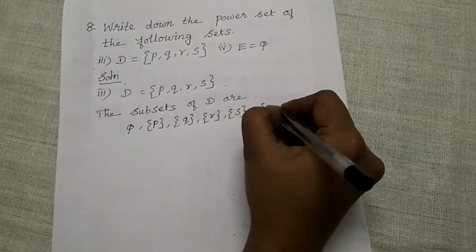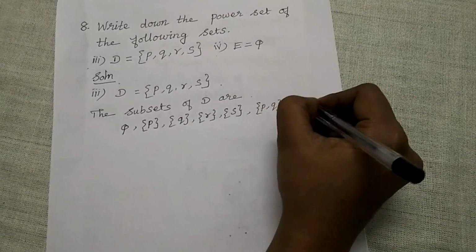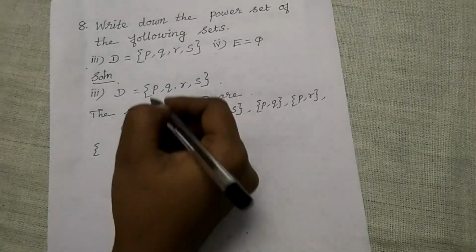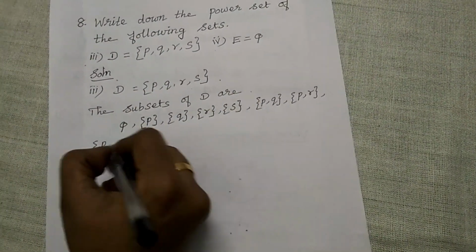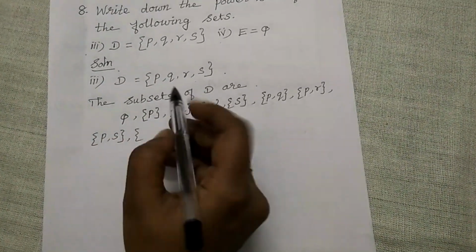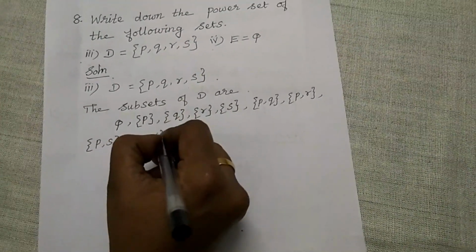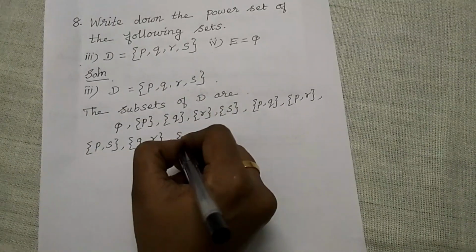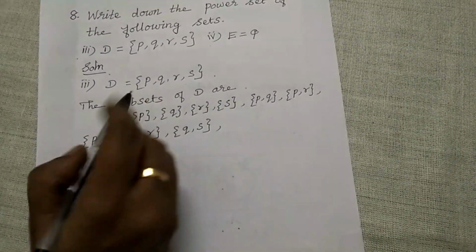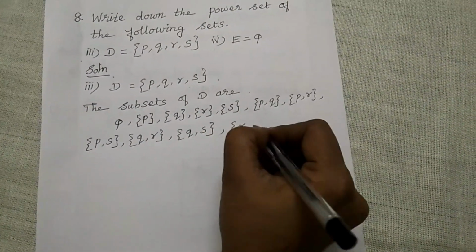Then set of P comma Q, then set of P comma R, then set of P comma S, the next one, then set of Q R, next one set of Q S, then R and S, isn't it? And set of R S.